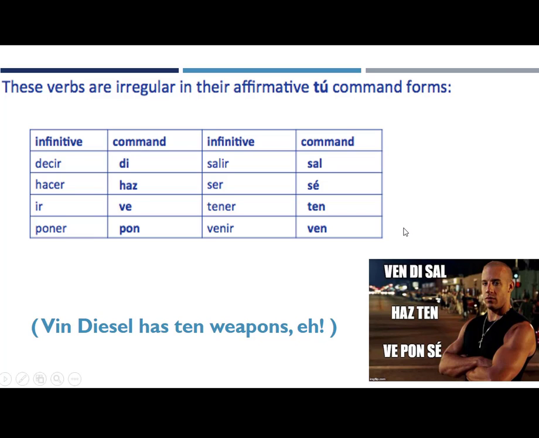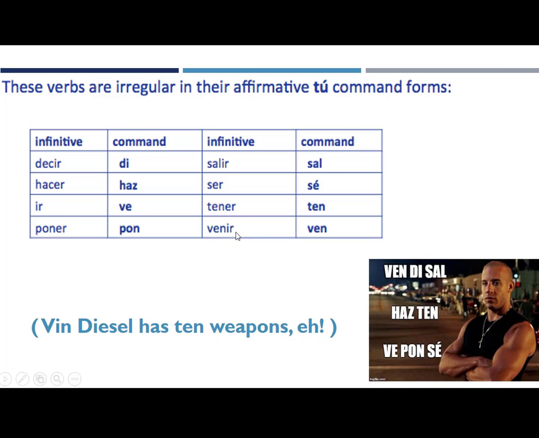Every time you want to say do something in an affirmative command, there are some irregular forms for some of these verbs. These are the verbs that are irregular: decir, hacer, ir, poner, salir, ser, tener, venir.